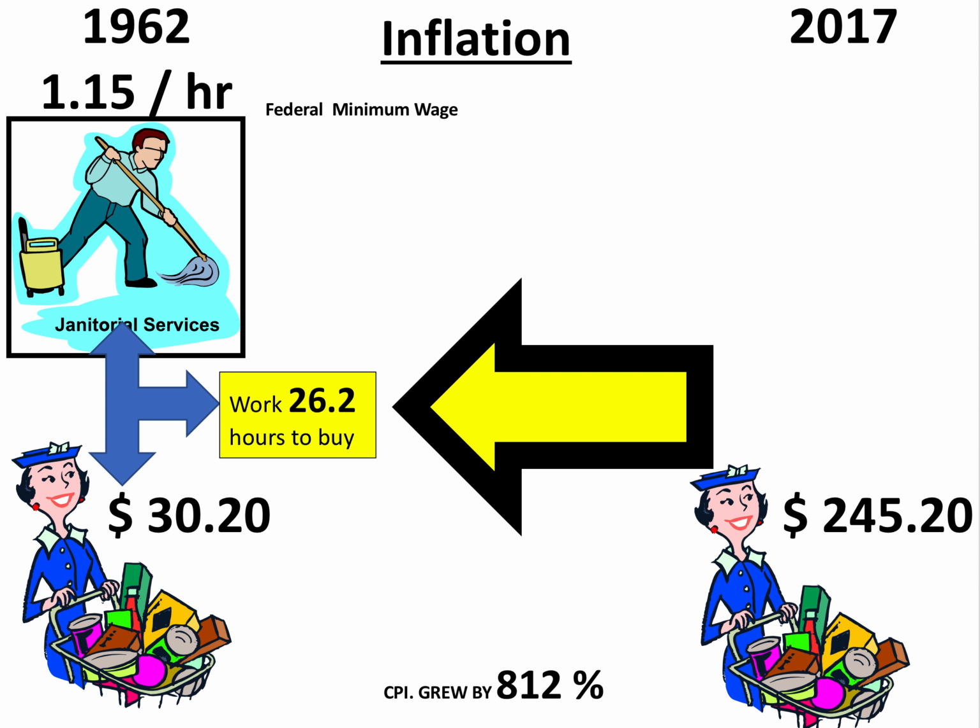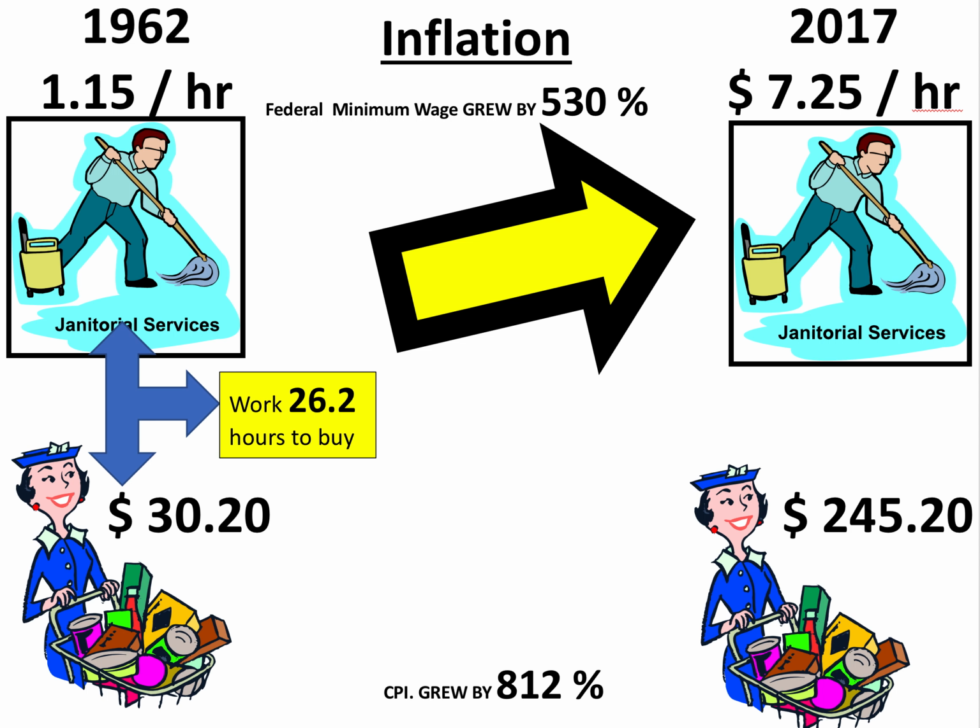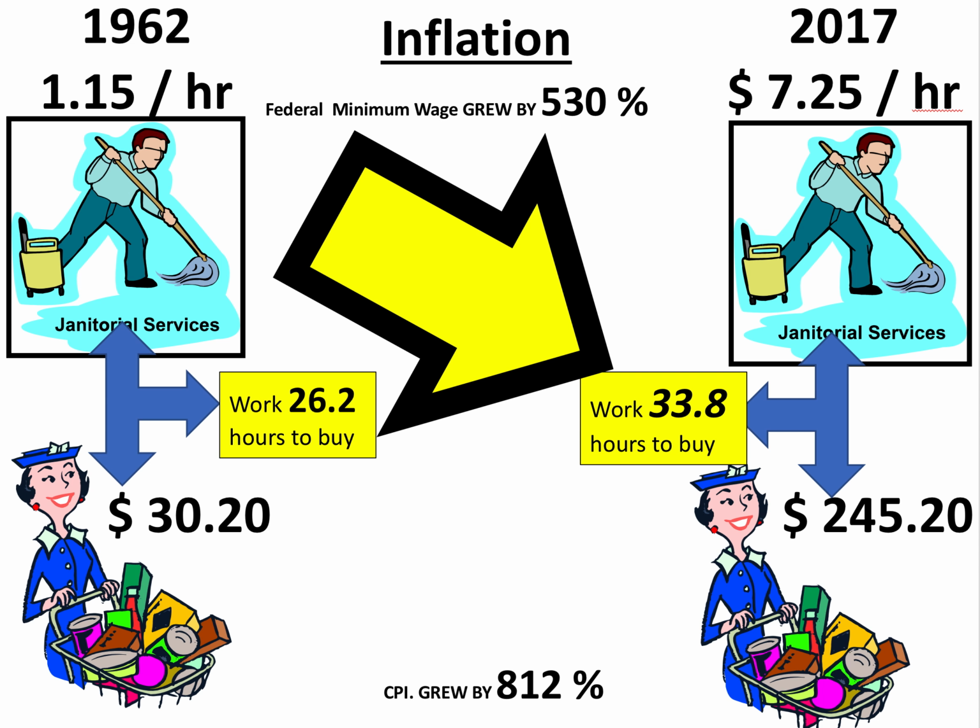Okay? So, what's happening closer to today? Well, the federal minimum wage has gone up over those years. It's gone up to currently $7.25 an hour. That's a little over 5 times, 530% growth in the minimum wage. Okay? But what is it going to take that same worker? How many hours are they going to have to work at minimum wage now of $7.25 an hour to buy the groceries?